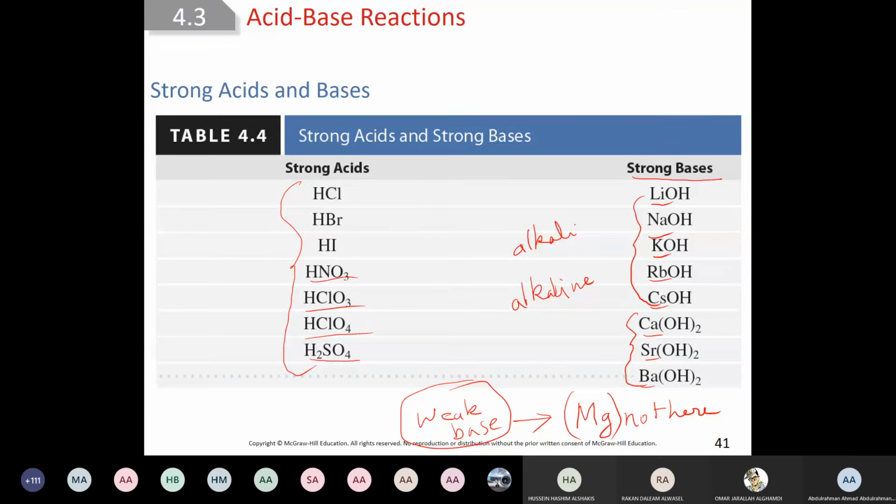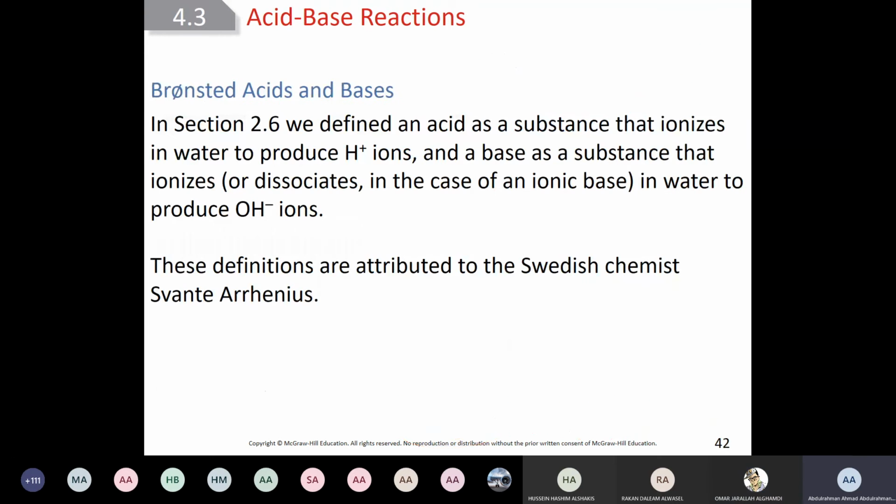NH3 is a weak base, you remember? Is this a weak base? Yes, it contains nitrogen. Organic compounds that contain nitrogen, yes. Very good. So we know the strong acids and the strong bases.